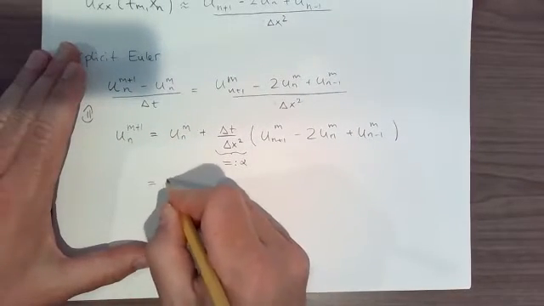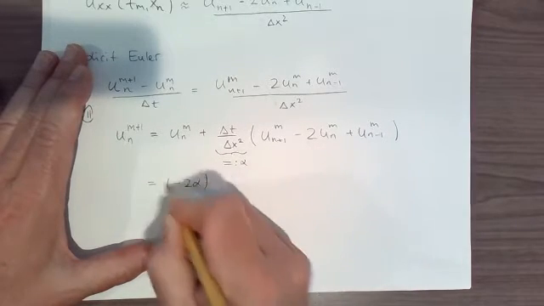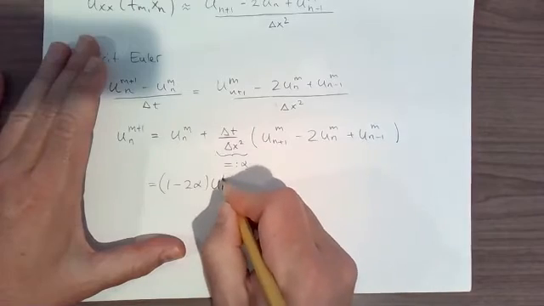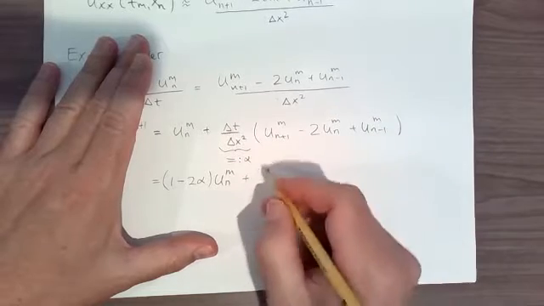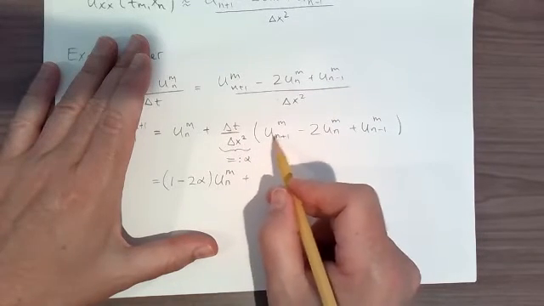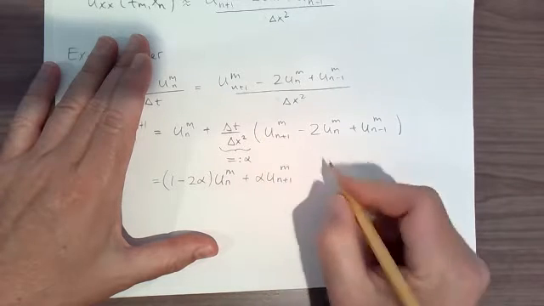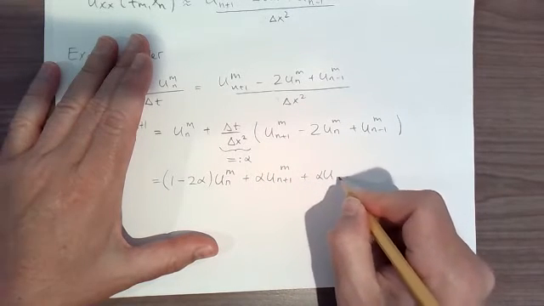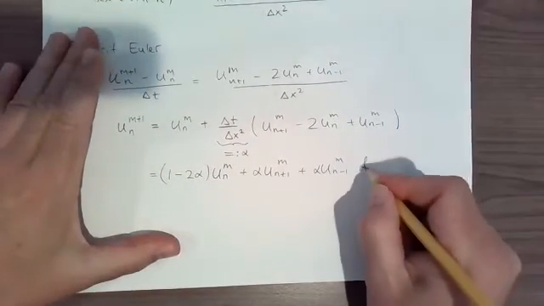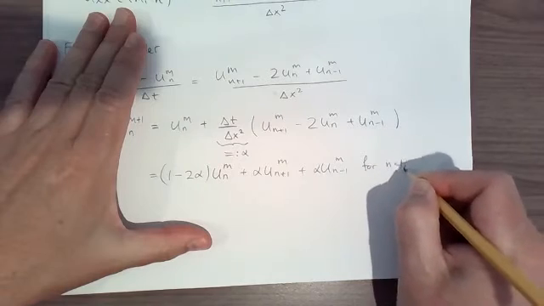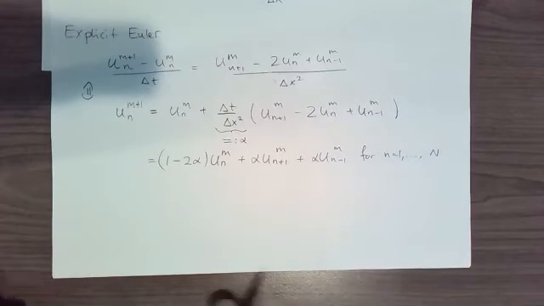I'll end up with (1 minus 2 alpha) u_n^m plus alpha u_{n+1}^m plus alpha u_{n-1}^m. And this is going to be true for all the points for n equals 1 all the way up to N. This is the explicit scheme.